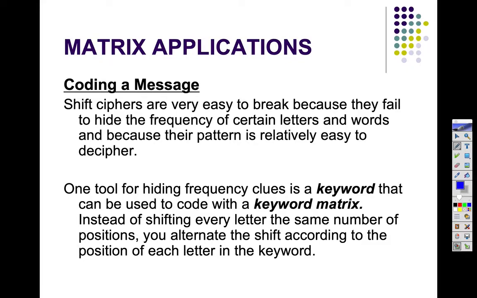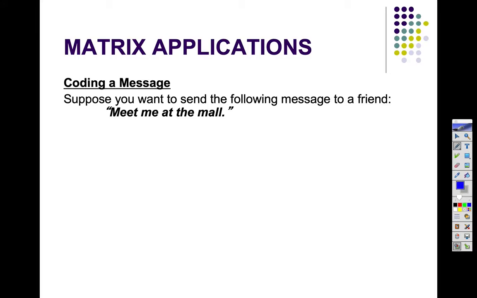Like we were able to get math is fun pretty easily. What's much harder is to use a keyword. We're going to use a tool for hiding the frequency clues. Frequency clues means if everything's +3, it's very easy to repeat. But we are not going to add the same amount each time, and the matrix makes that extremely easy. Here we go.